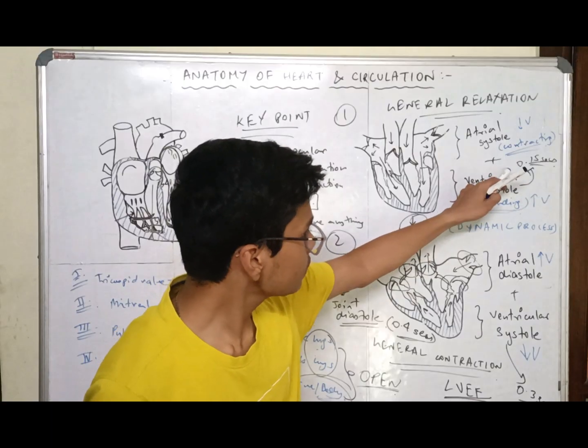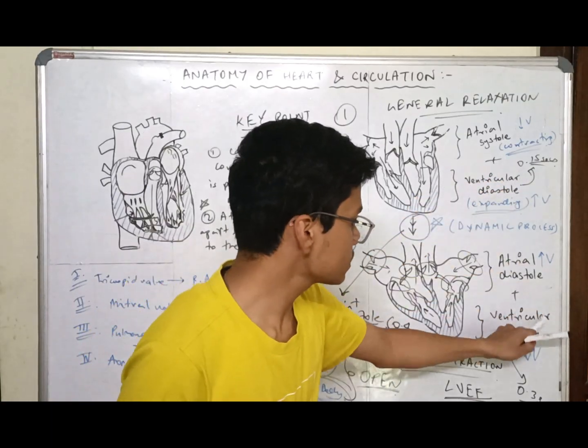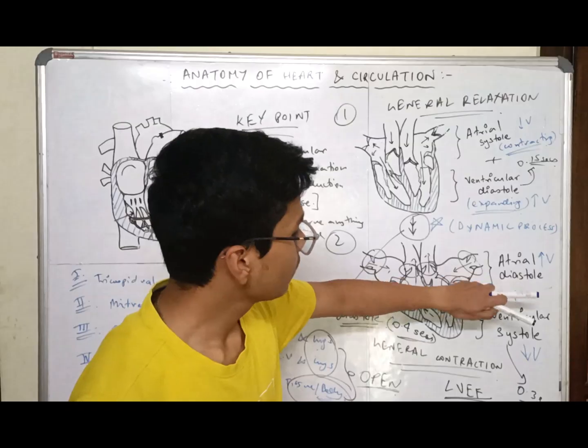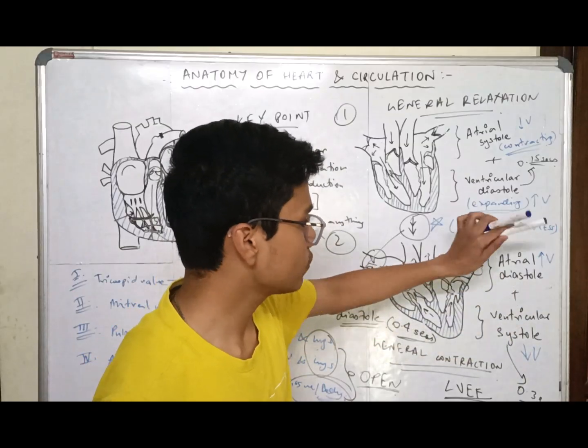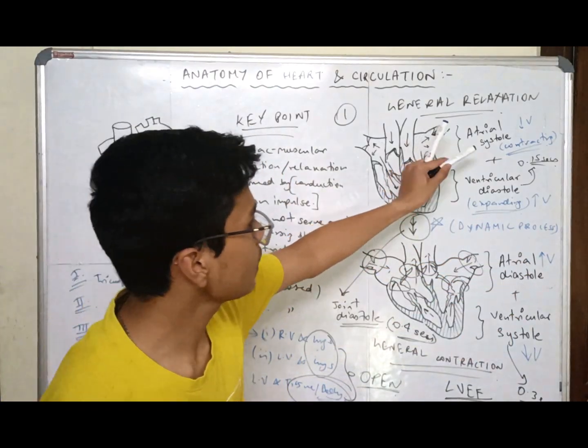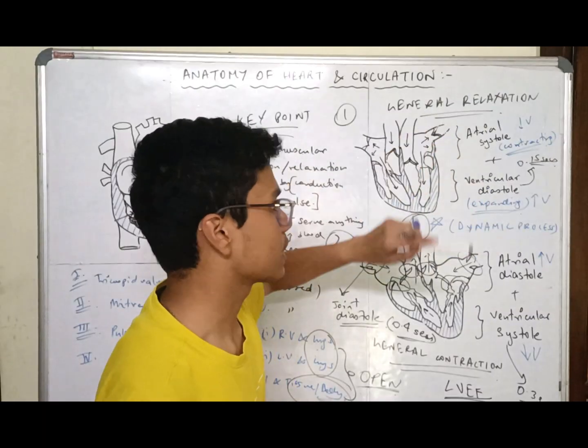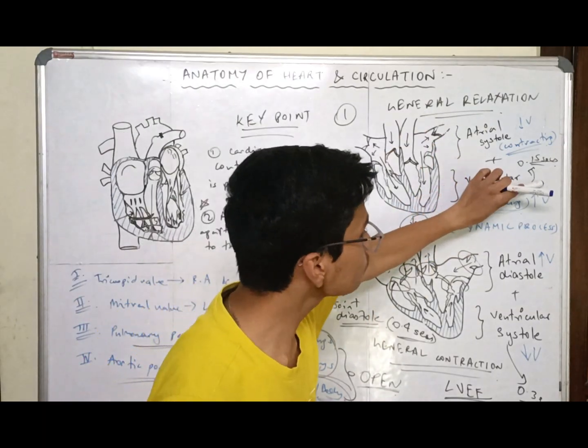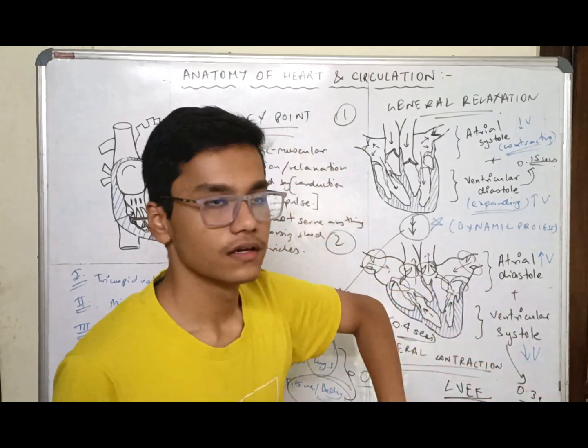Whenever you're talking about the values of the ventricle diastole and ventricle systole, what we're implying indirectly is that the atriums will also be in diastolic and systolic conditions as general relaxation. So these values also apply to atriums as well.